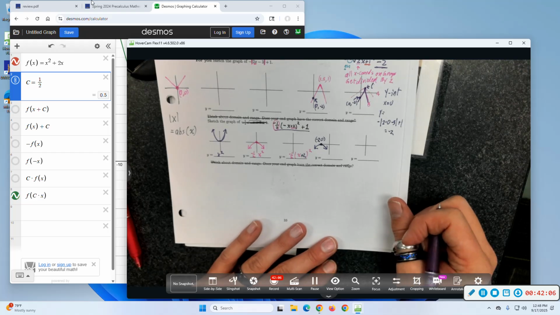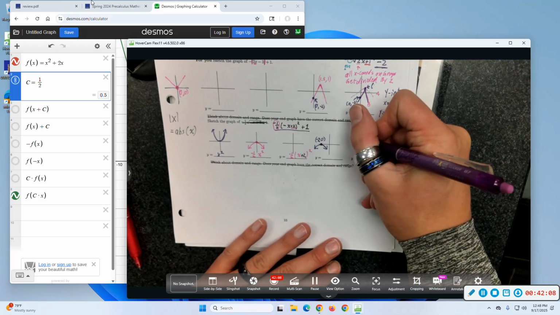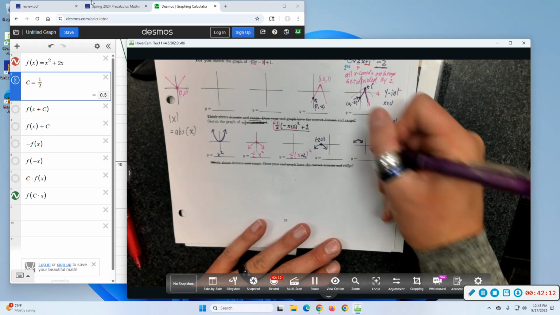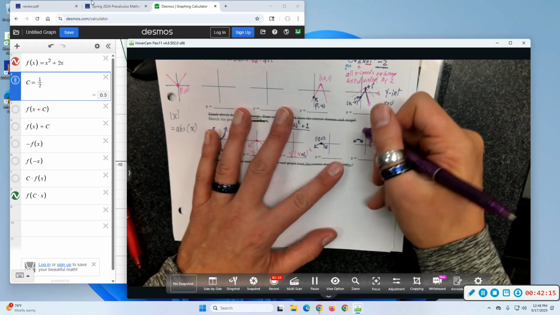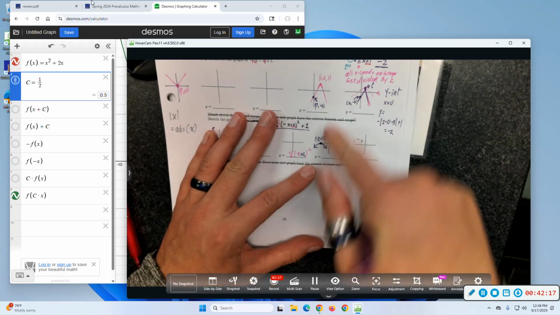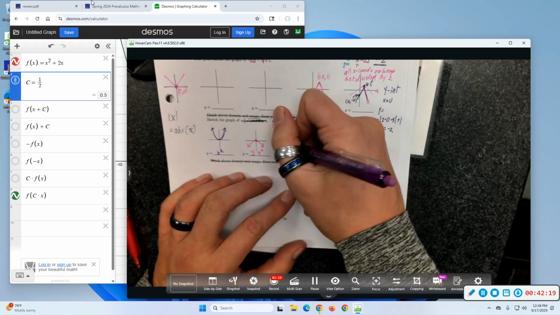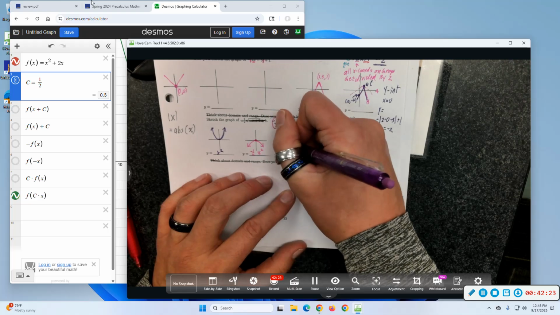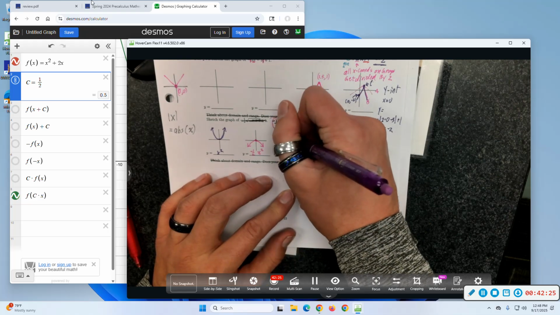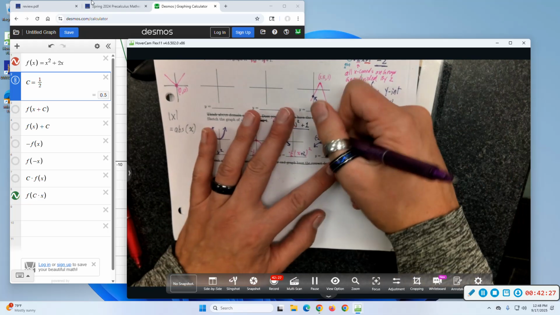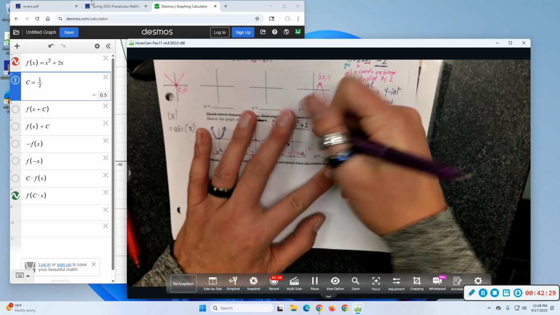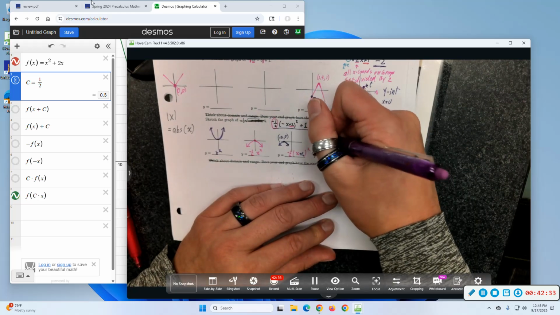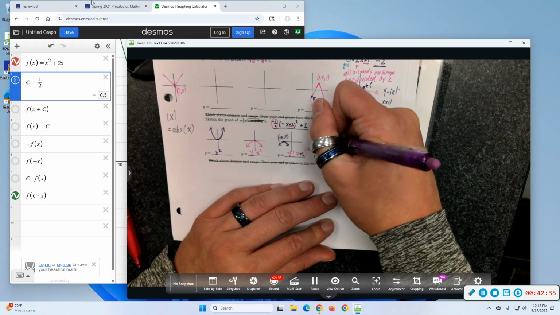Up 1. Oh, Chris, come on. This corresponds to that graph. And you all were just going to let me do it. Now I go up 1. Very good. And what next?